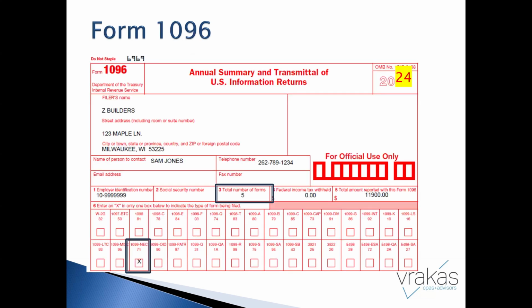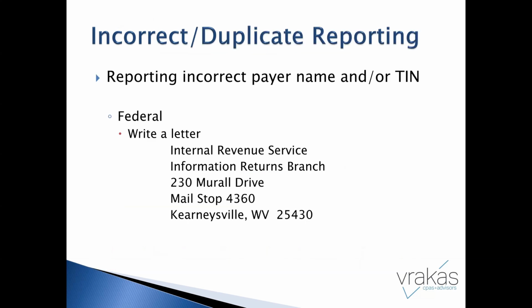But you won't need a transmittal copy. This is just the paper copy of the transmittal. But when you electronically submit them, make sure that you get that confirmation back from the IRS. If you have any issues, sometimes there's duplications. I've seen this happen where you've sent them twice and you have two confirmations.